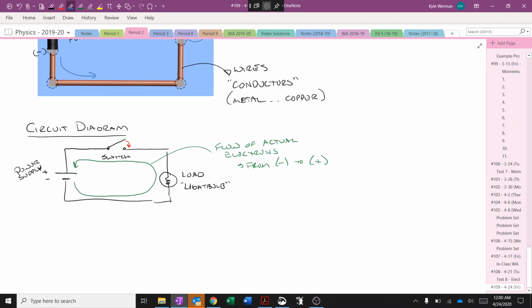And for that reason, electricians and in general those working with electrical elements think of current as the flow of charge moving in this direction, which is actually opposite of what the electrons are doing, and we call this conventional current.